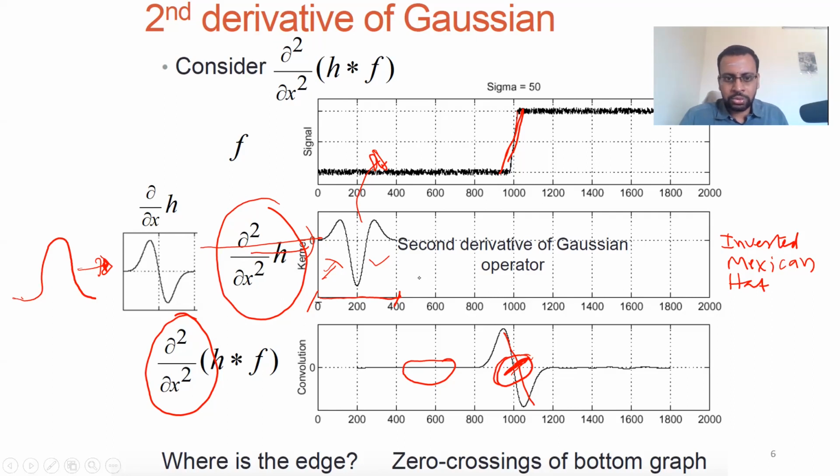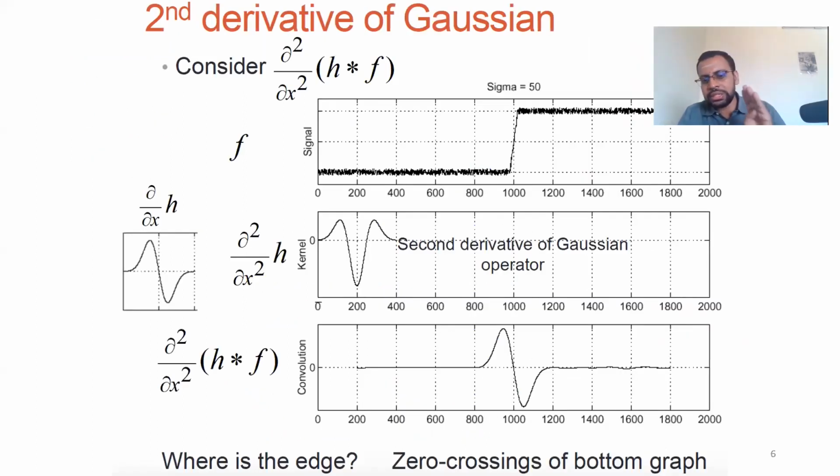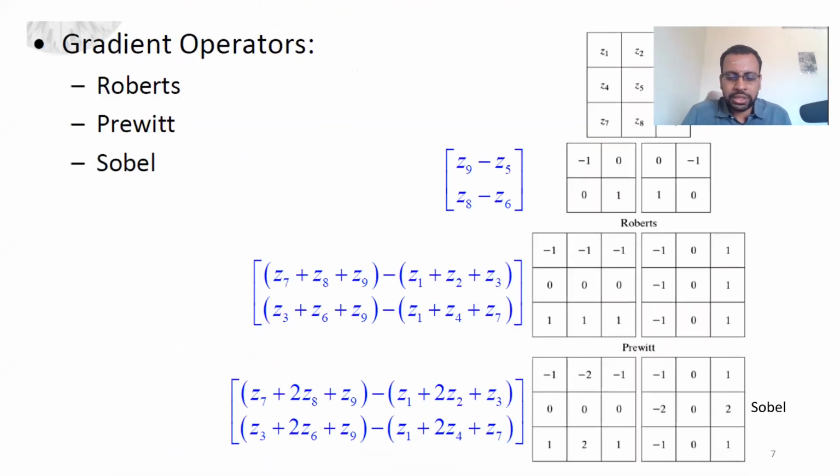So let me now go to another. Typically, you won't really have to use this. In theory it is fine, but there is a better way. There are some well-defined or predefined kernels that you typically use for computing these derivatives in the horizontal and vertical directions.